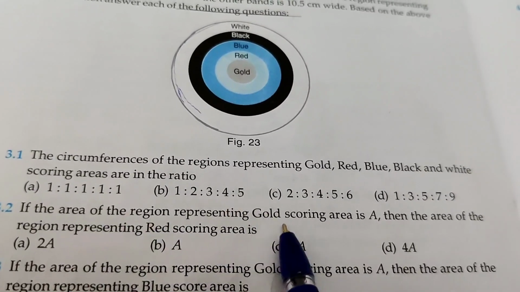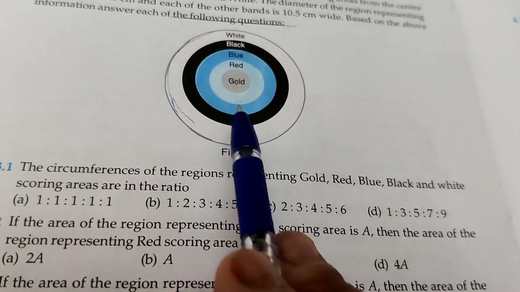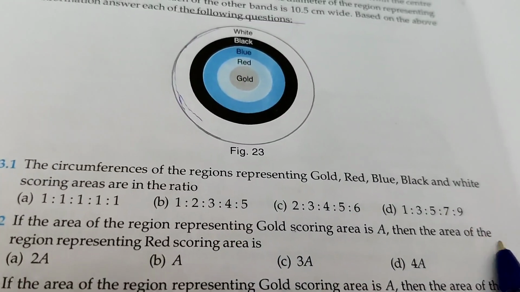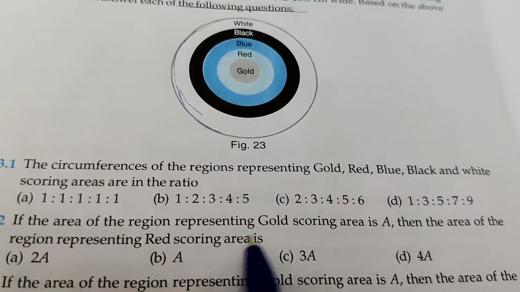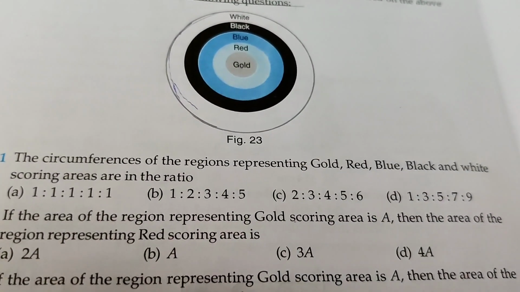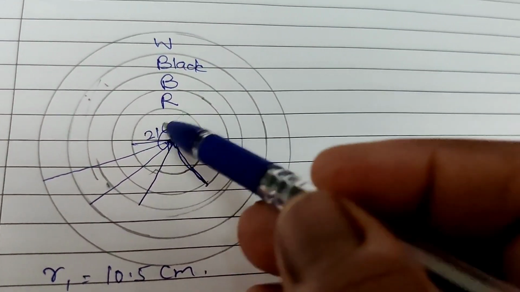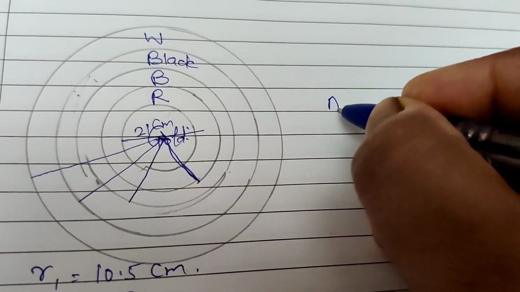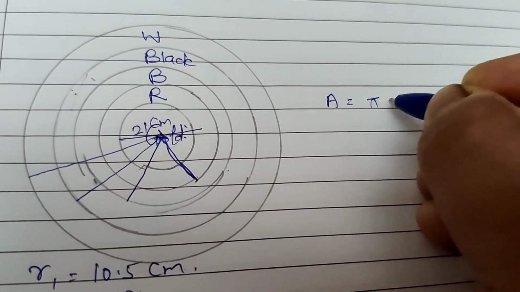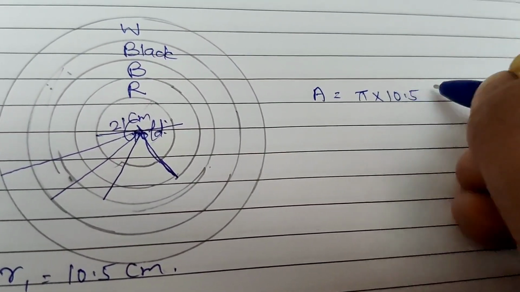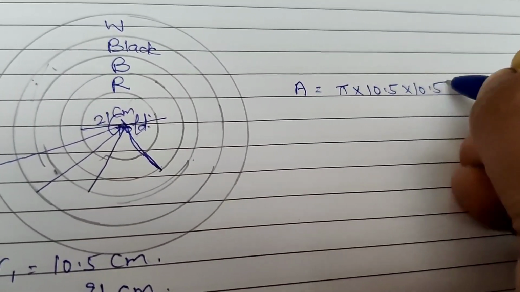If the area of the region representing gold scoring area is A, then the area of the region representing red scoring area? Suppose the area of the gold equal to A means pi R square, radius 10.5 into 10.5.